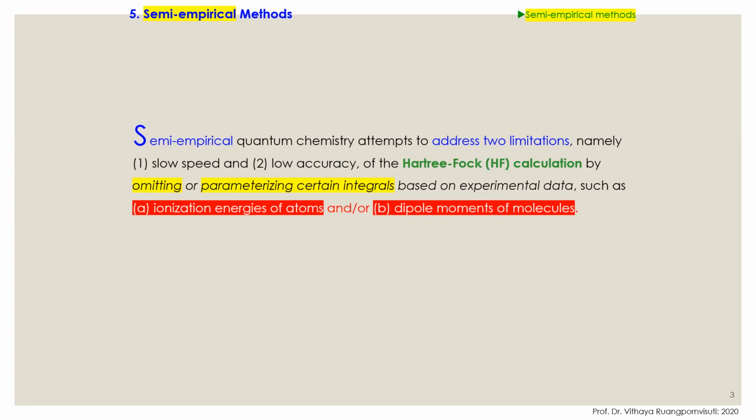Semi-empirical quantum chemistry attempts to address two limitations. The first is the slow speed of calculation.